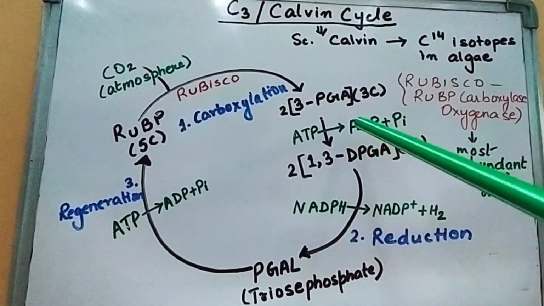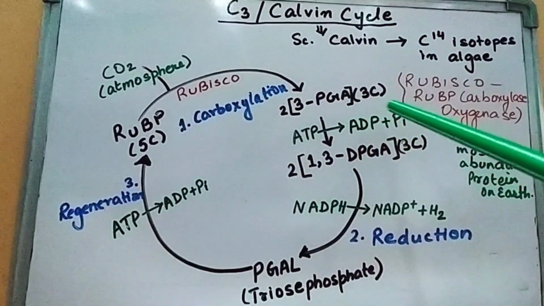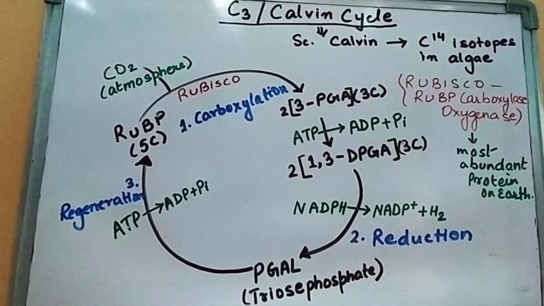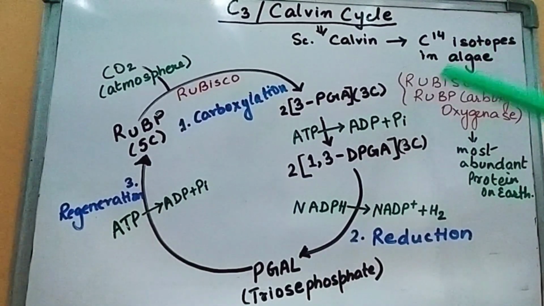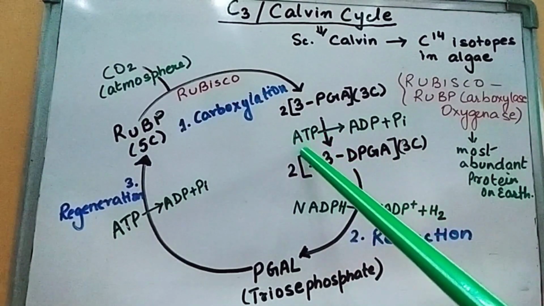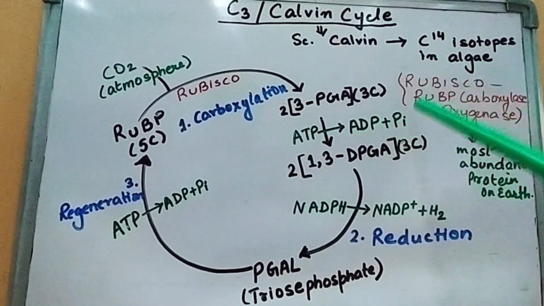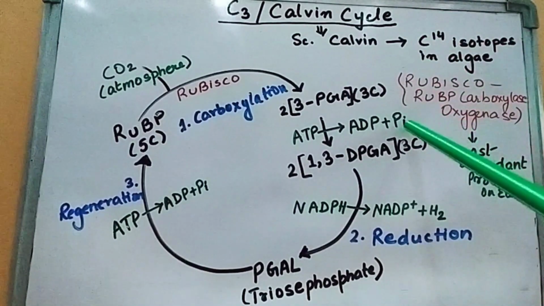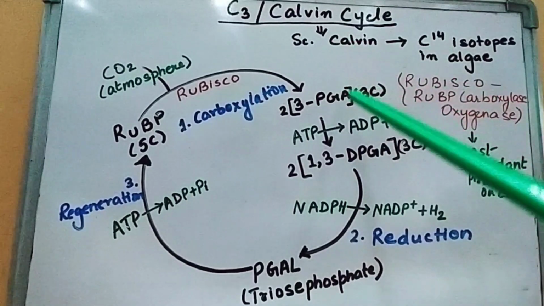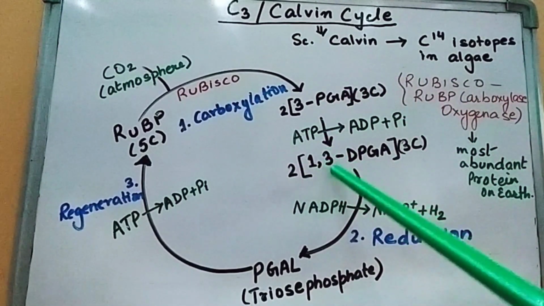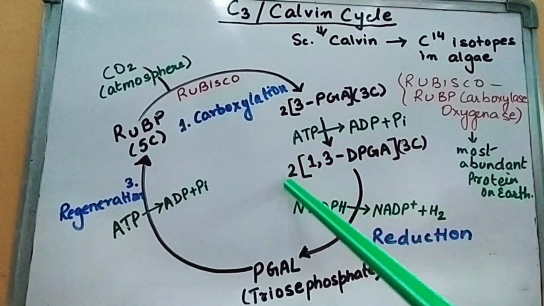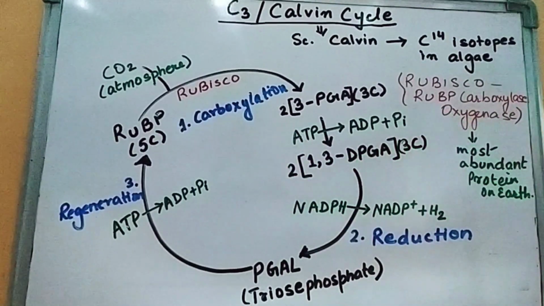That means the other phosphate group has come from the breaking down of ATP to release inorganic phosphate. So this phosphate will be added to phosphoglyceric acid to form 1,3-diphosphoglyceric acid. That will be again 2 molecules of it, a 3-carbon compound.